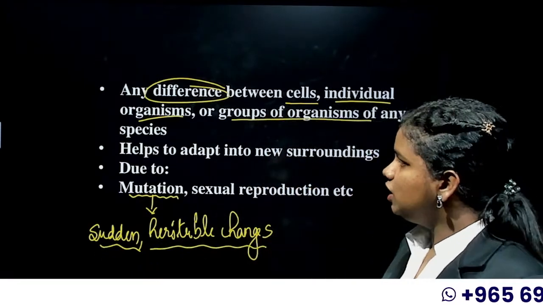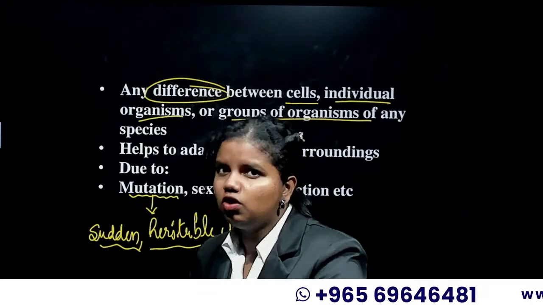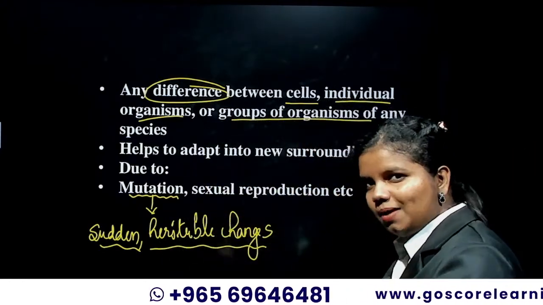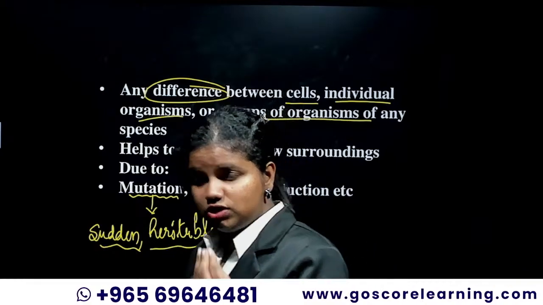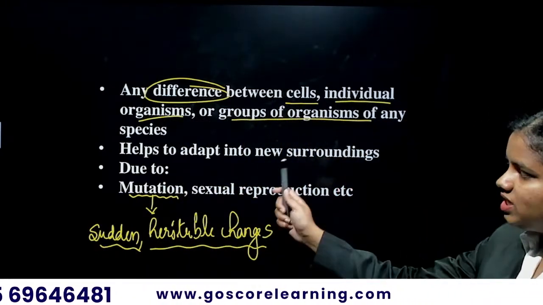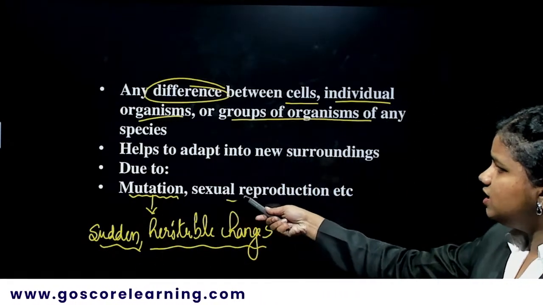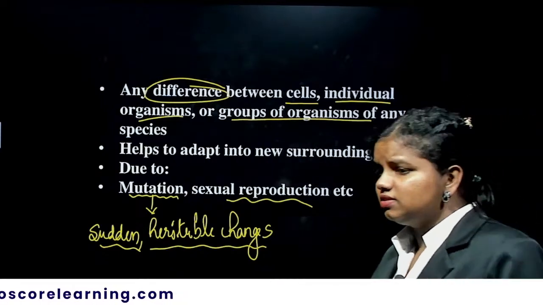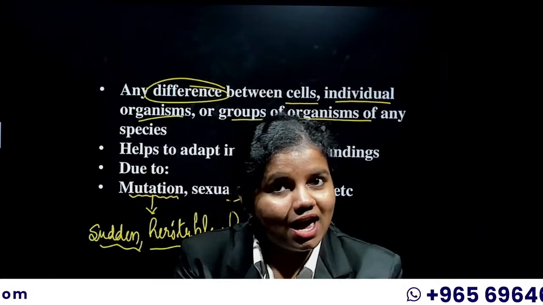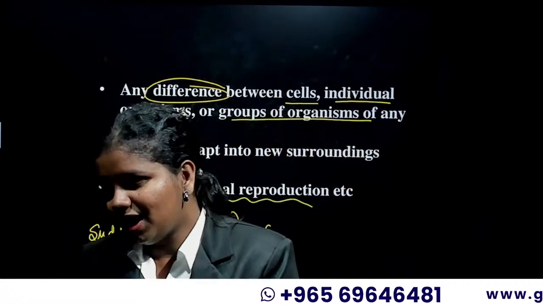Heritable means it can go to your baby or you can get it from your parent. So sudden heritable changes which happen inside your DNA or in your gene composition is what you call a mutation. Mutation is one of the reasons for variation to happen, and the crossing over of two different chromosomes happening inside your body during sexual reproduction can be another reason.